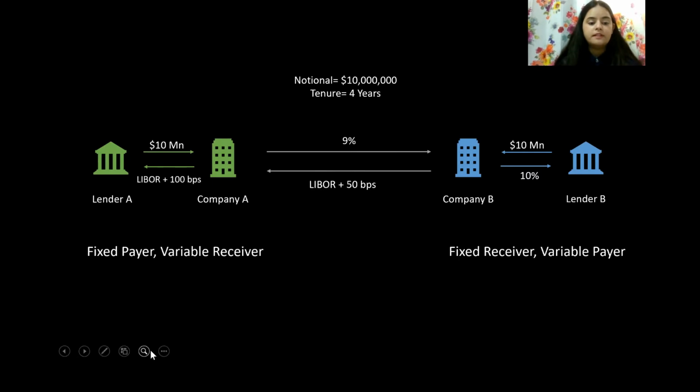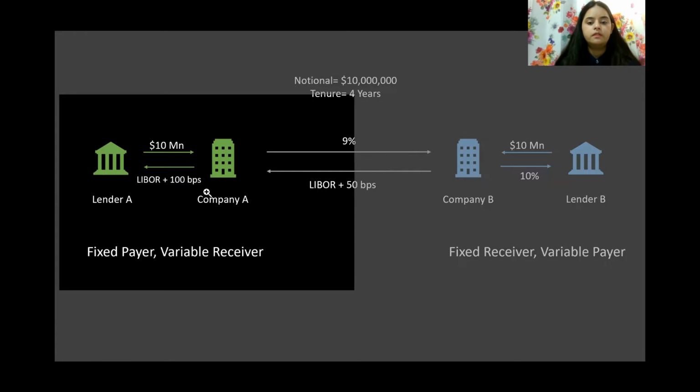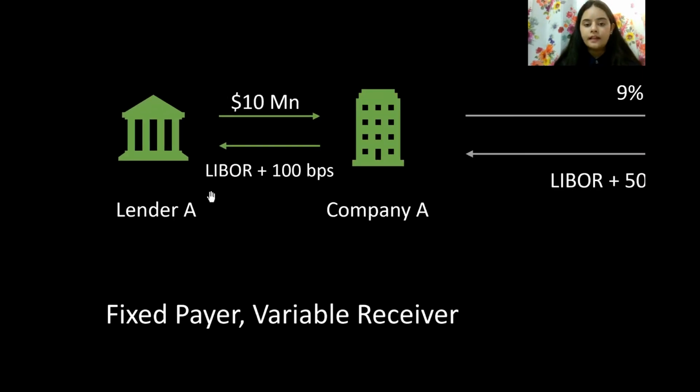What has happened here is that company A is paying a variable rate, and it is expecting the rates to increase in future. So in order to decrease the interest rate payments, it would enter into a swap in which effectively it is paying a fixed rate of interest.